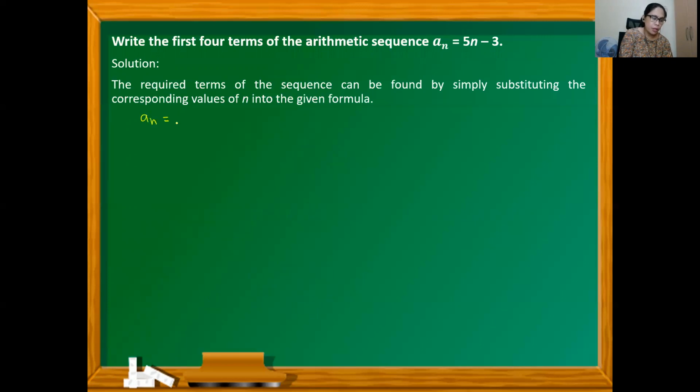A sub n equals a sub 1 plus quantity n minus 1 times d.